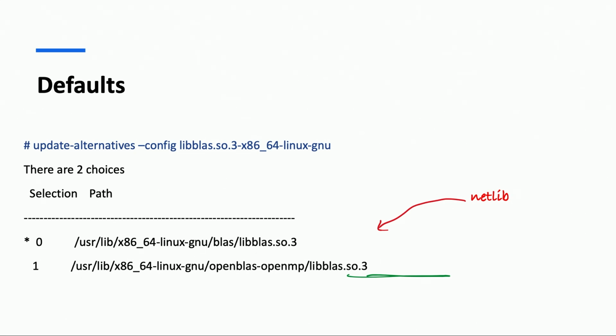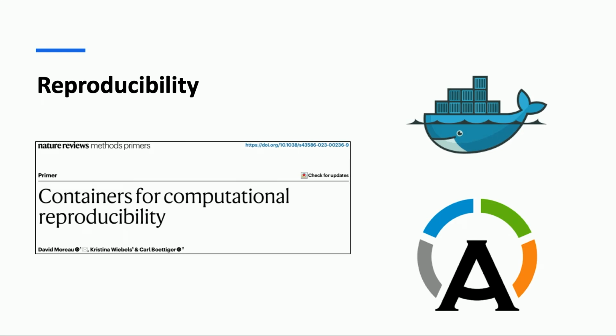Now, you might think that, well, this was an unfortunate accident, and really on a high-end system, you have a knowledgeable system administrator who has already taken care of these aspects. But, and that's the interesting part to me, we've been stressing a lot on the fact that people should be using reproducible means of research, which, technically speaking, eventually boils down to containers or isolated environments of some sort.